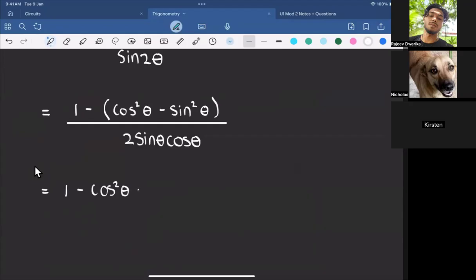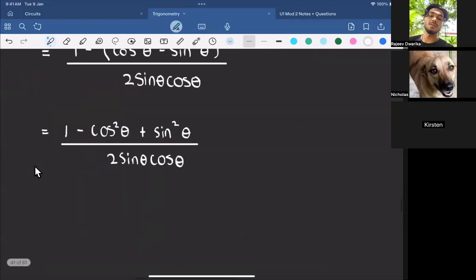One times minus sine squared theta is just minus sine squared theta. Now minus cos squared theta, and minus by a minus is positive sine squared. I want somebody to remind me: what is one minus cos squared theta equal to? Sine squared theta, right.